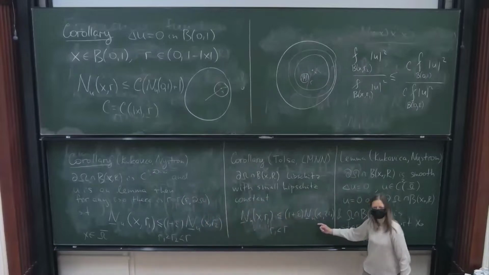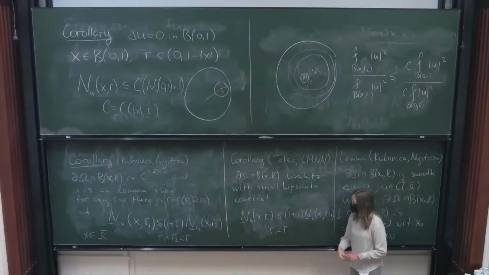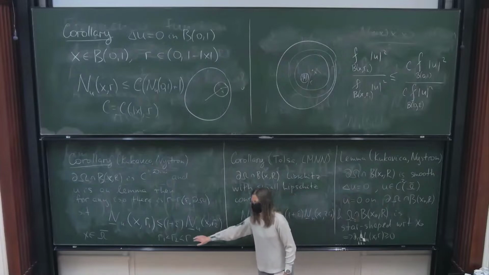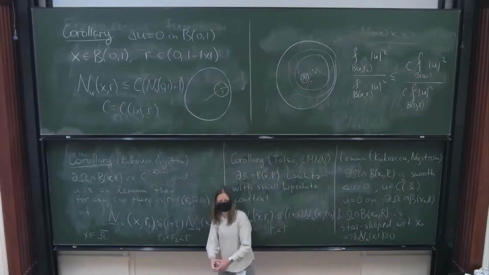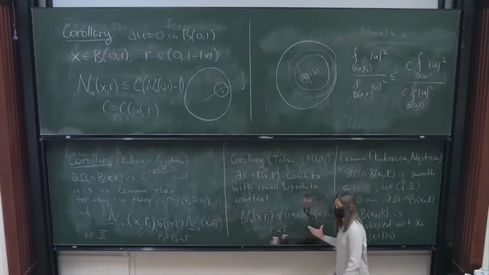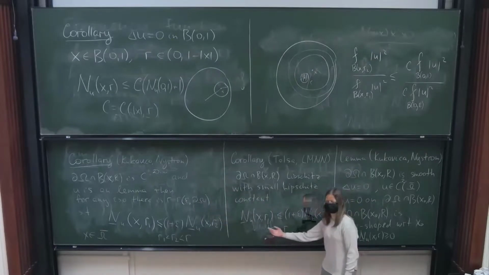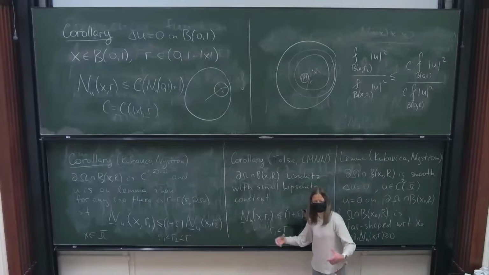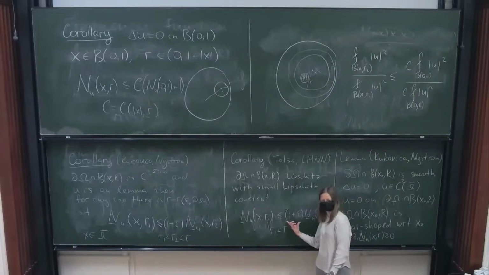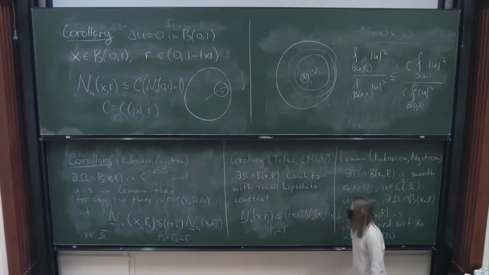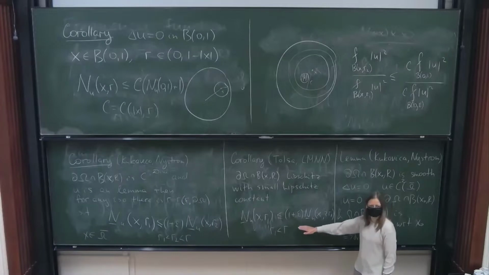This one is much better because it tells you that there is no blow up, no frequency blow up when you get to the boundary. This one tells you that there could be a blow up, but in a controlled way. It's not worse than a geometric series with a small constant. I don't know if this is the best that you can do.